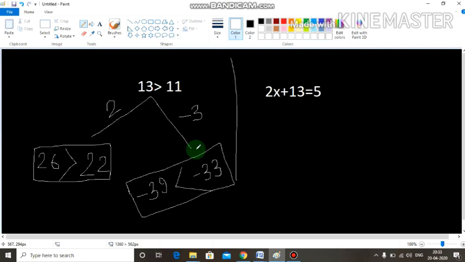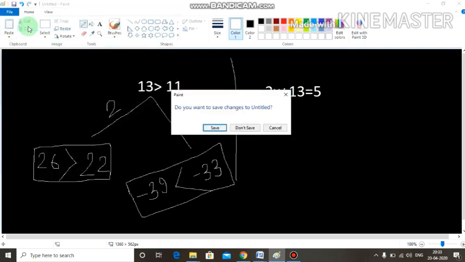Similarly, if you divide both sides by a negative number, then also the unequal sign will be changed. Let's go, I'm considering one example.